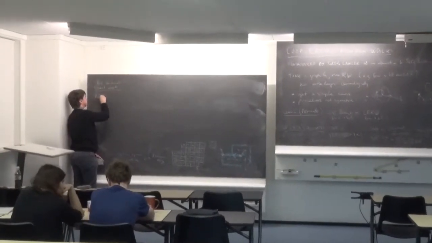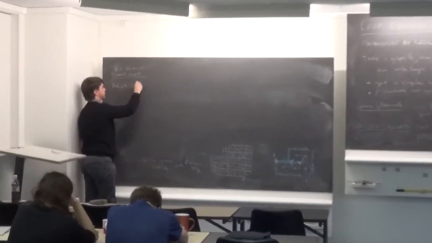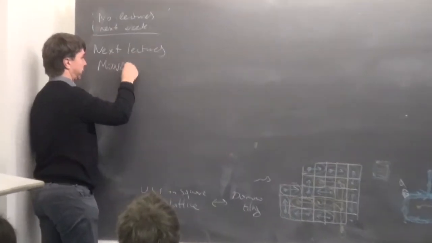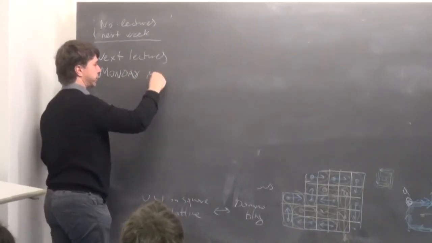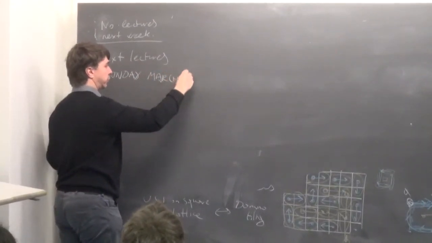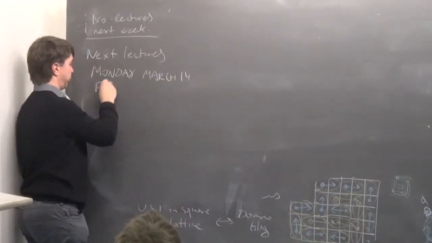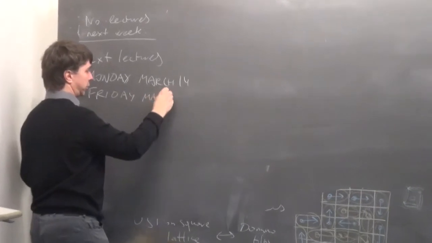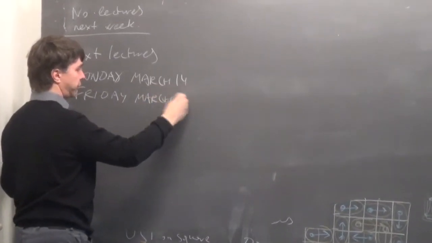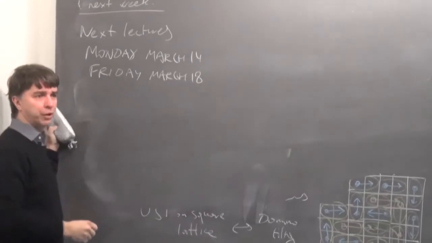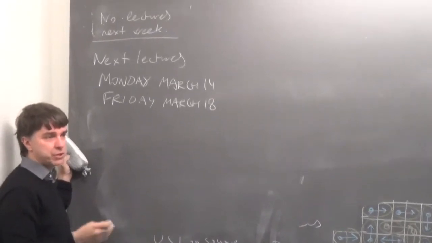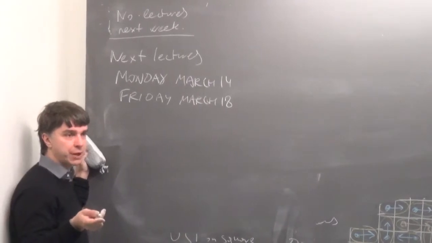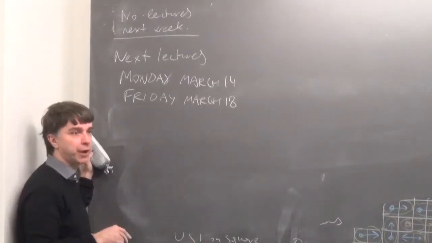So the next lectures are Monday, March 14th, Friday, March 18th, and let's maybe do one more Monday, just in case, because then the random maps start and they might need some of the Fridays.